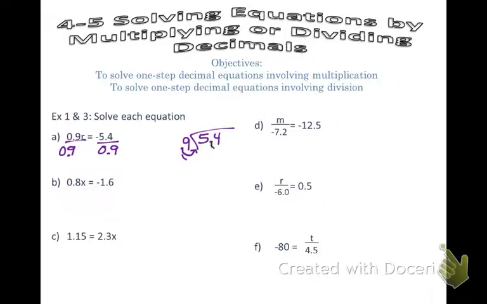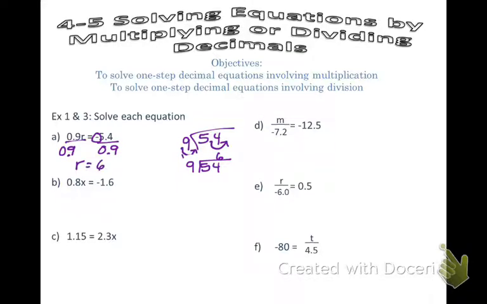So we're going to have to do the same thing inside. So now it's 9 into 54. So 9 divided into 54, and then you do your math, and that would be 6. But if you look, there's a negative on the 54, so you're going to say r is equal to negative 6.